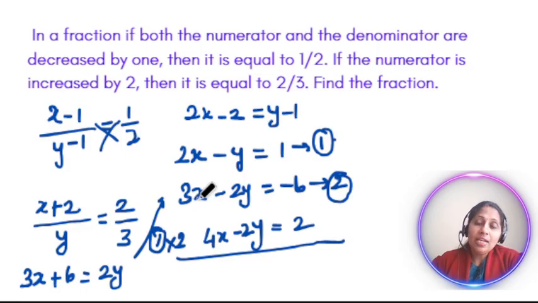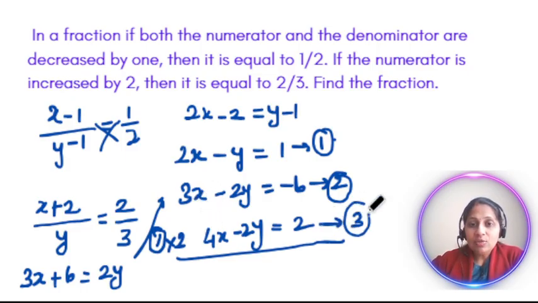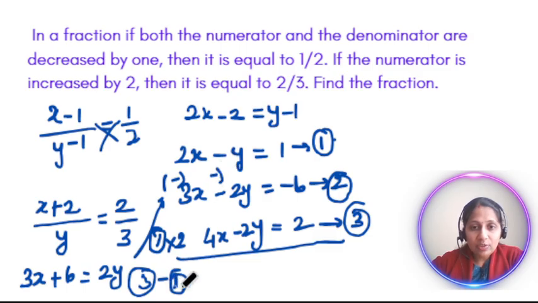Now in order to make my x positive, let me take this as equation 3. So I'm subtracting 3 minus 1, which means subtracting equation 1 from the third equation. So basically all the signs of the second equation will get reversed. This also will become plus.